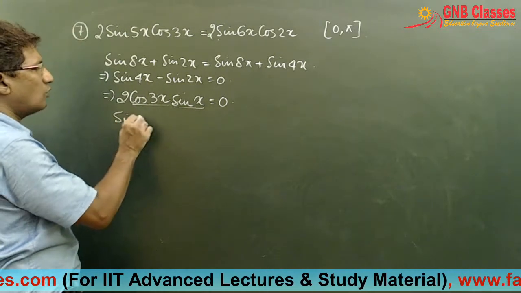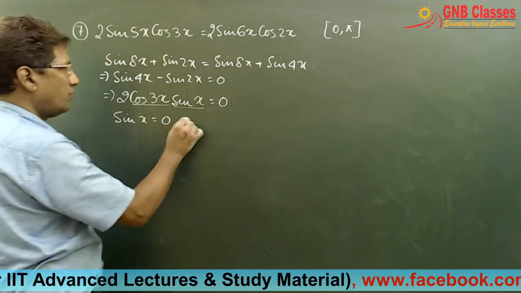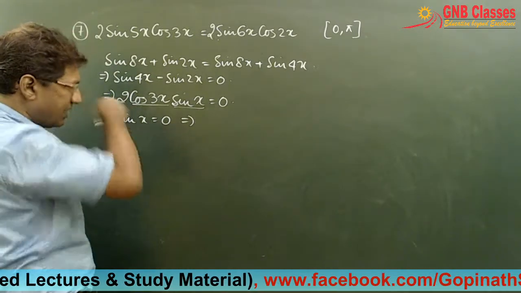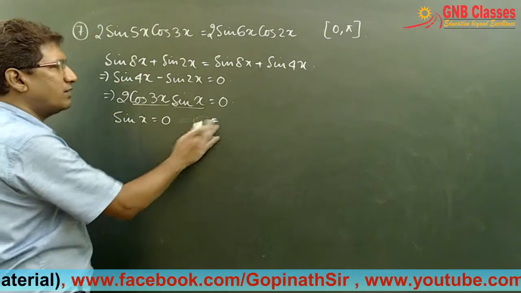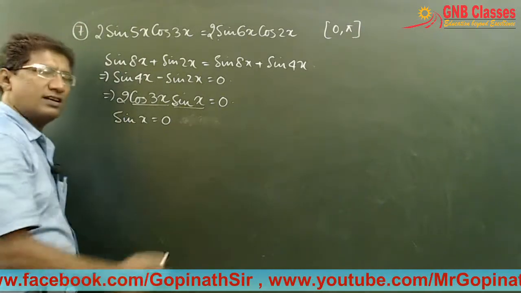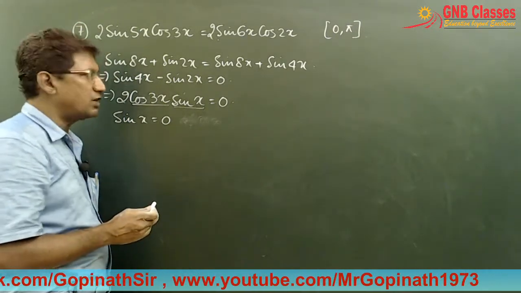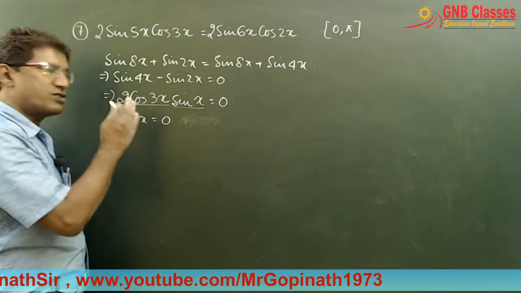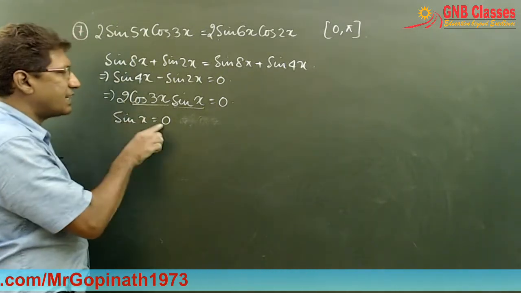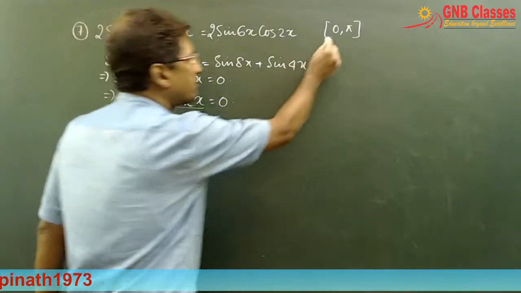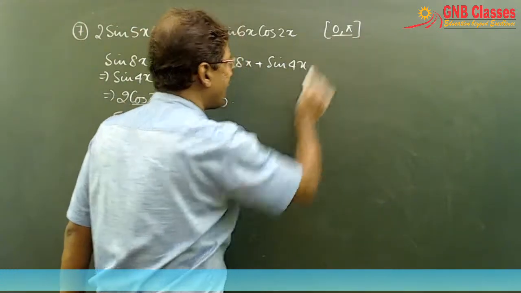When sin x equals 0, we are getting x equals to, let me just solve this one not by using the standard general solution formula. Let us try to solve it by the graphical method. Sin x equals 0 and our range is 0 to pi.